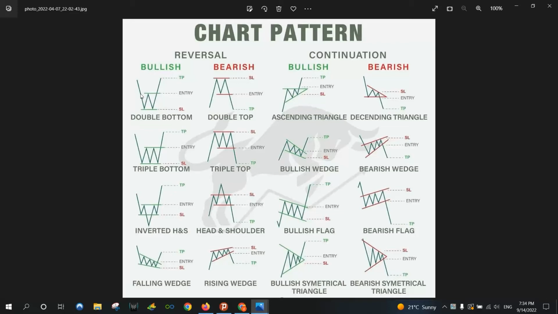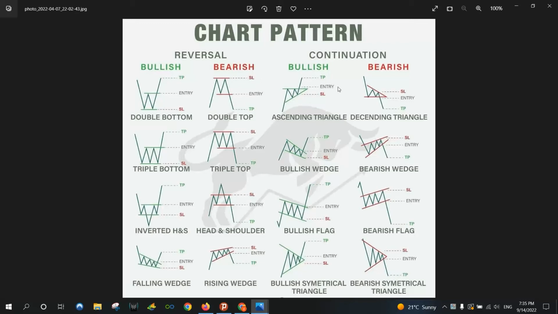Okay, so basically we have two types of patterns. The first column at the left side of your screen is reversal patterns. For example, after a downtrend, you will see this kind of pattern and you will expect an uptrend, or after an uptrend, you will see this kind of reversal pattern and you will expect the downtrend.